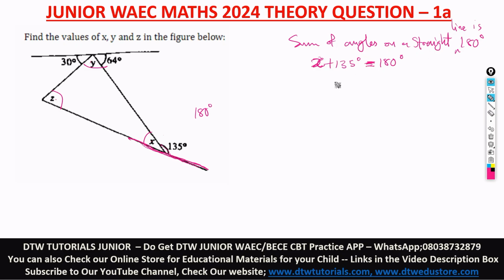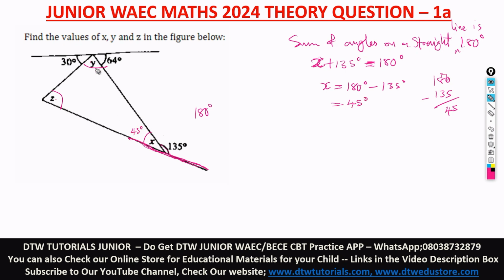So x now becomes 180 minus 135 degrees. Let us subtract this together. We borrow here, we have 5, and 7 left here. 7 minus 3 gives 4. So our answer here is 45 degrees. So x is 45 degrees.